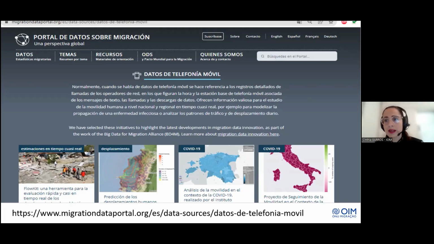But for us in IOM, we are now studying the use of SDR for human trafficking, as the information collected from phone calls or text and email messages exchanged with victims can be used to understand trafficking trends, as well as to provide targeted and timely assistance to victims. There are some more examples in this site also about trafficking.